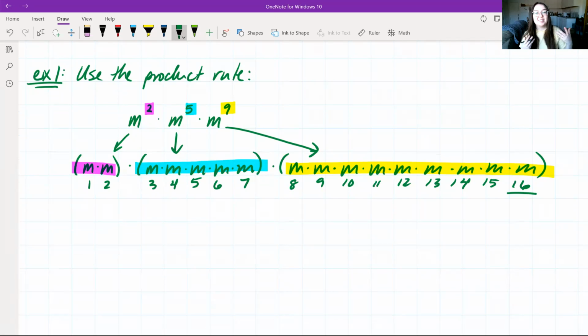The same thing we can solve if we just took m to the power of 2 plus 5 plus 9. And this will give us the same answer, m to the power of 16.